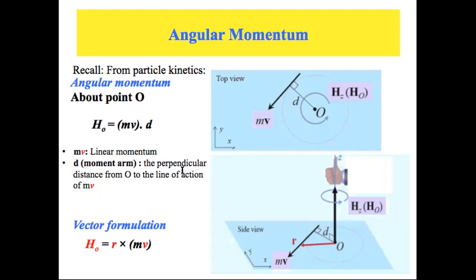We can find the angular momentum, where d is the perpendicular distance from O to the line of action of the linear momentum. For the vector formulation, we have the cross product of r and the linear momentum.